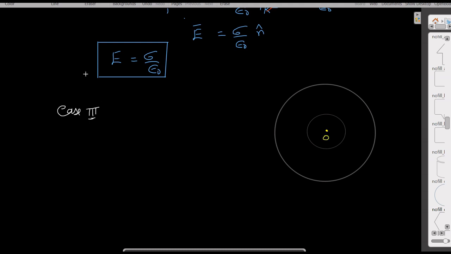So this is our spherical shell of charge having charge q, the spherical shell is of radius capital R, and this is our Gaussian surface, which is of radius small r.